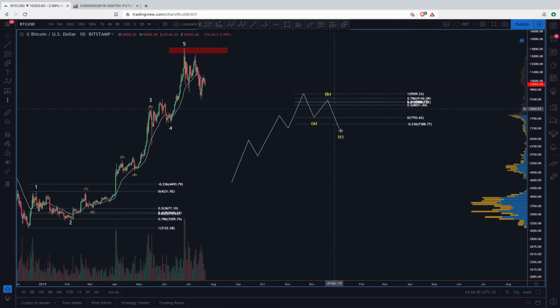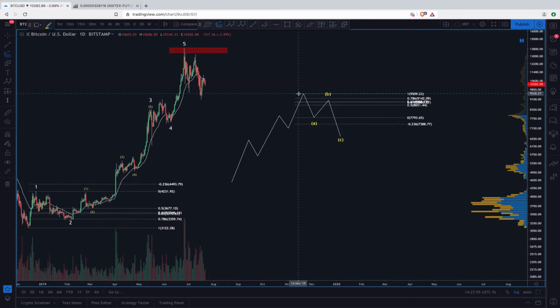So you would have a typical ABC correction where the B typically goes between the 618 and the 786 right here. And then your C, what you would look for on that is you would use your fib extension tool. You'd come here and do your fib extension. So let's just say the B ended there.